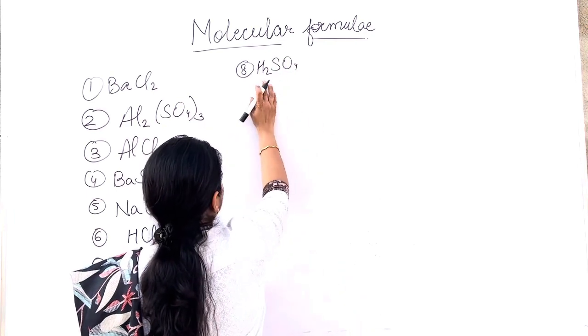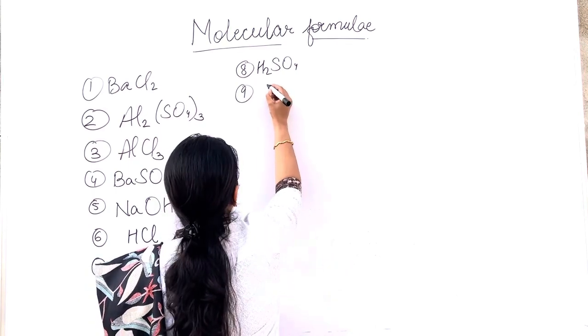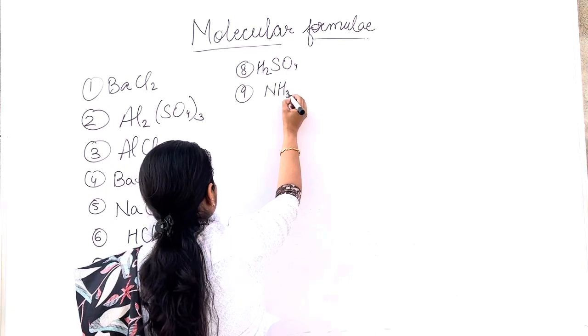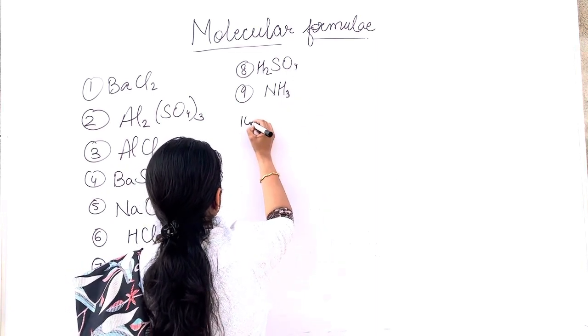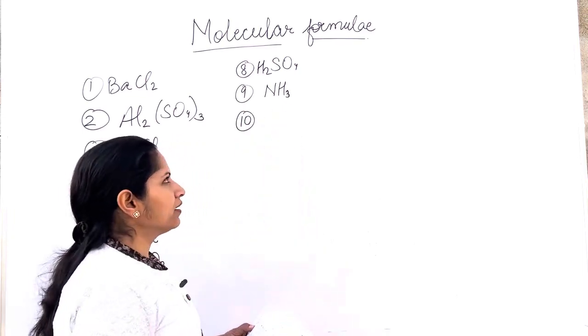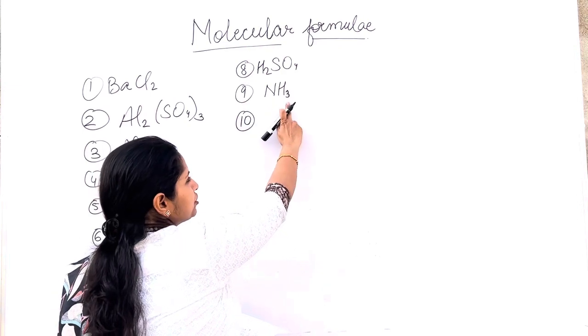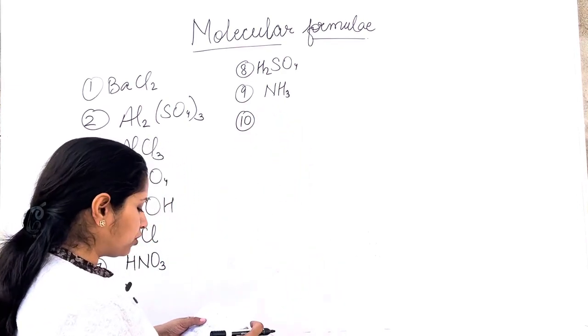Sulfate की valency 2, hydrogen की valency 1. Ninth is ammonia. You should remember it's NH3. Nitrogen and hydrogen are there. Nitrogen की valency I told you it's 3, hydrogen की valency 1. So by the same crisscross method you can work it out.